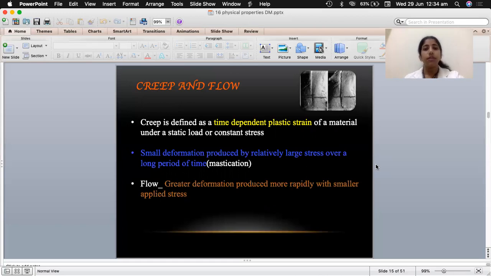Creep is defined as a time-dependent plastic strain of a material under static or constant stress. Suppose in an amalgam restoration, the melting point of amalgam is very low. Amalgam in the oral cavity under constant force during mastication will creep, which is time-dependent plastic strain.